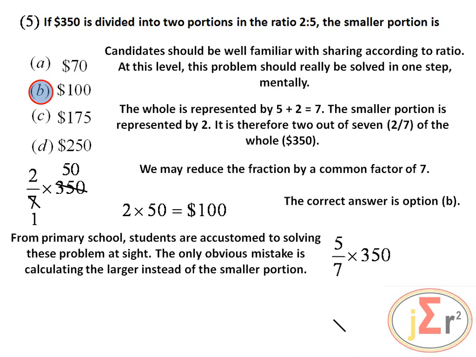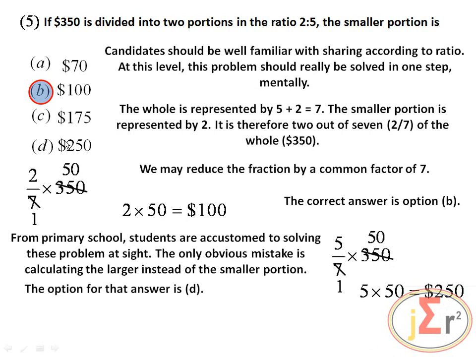So if we did that, we would say 5 over 7 multiplied by 350, and the result would have been $250, and we have it right here. Good. I like that kind of a gesture. The option for that answer is D.